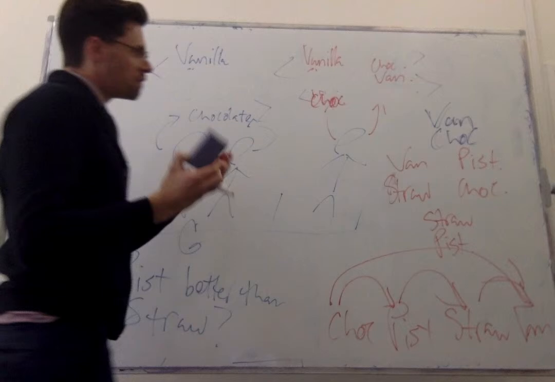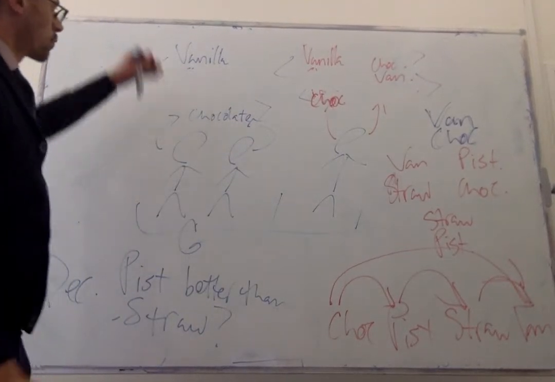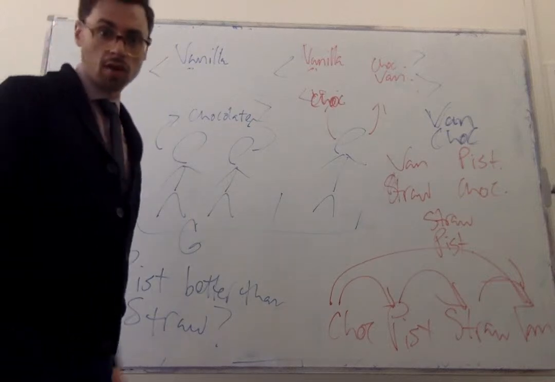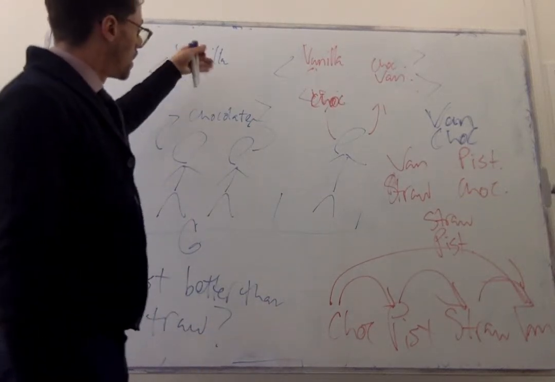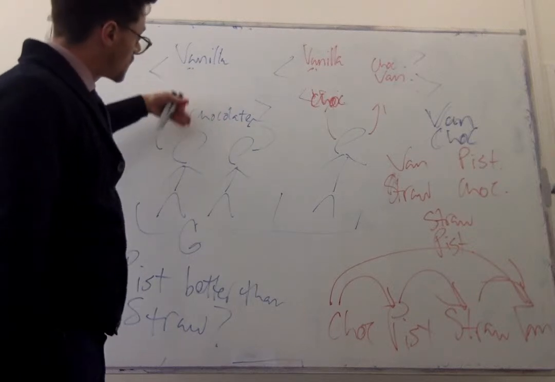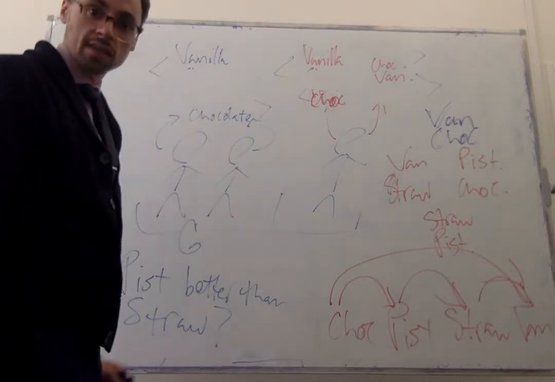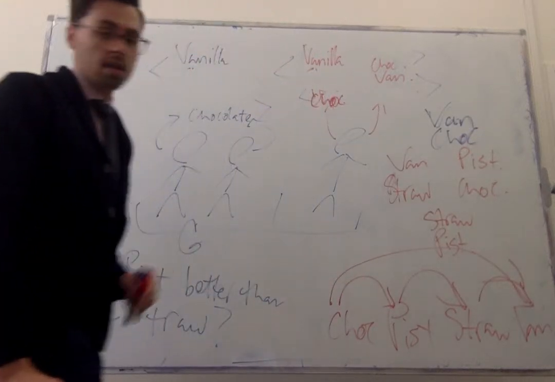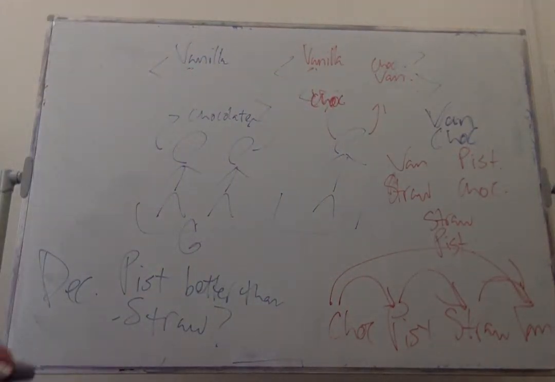And however you fill in the rest of the picture, wherever I put pistachio, wherever I put strawberry, if each individual continues to rank vanilla and chocolate in exactly the same way, then the group will end up ranking vanilla and chocolate in exactly the same way.